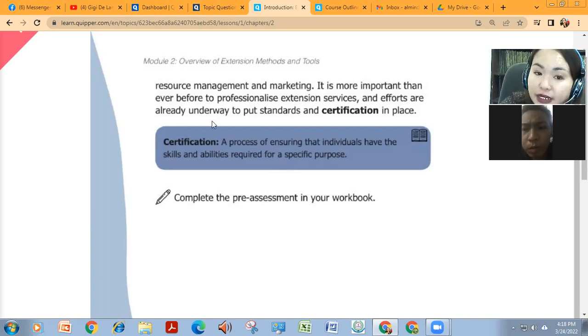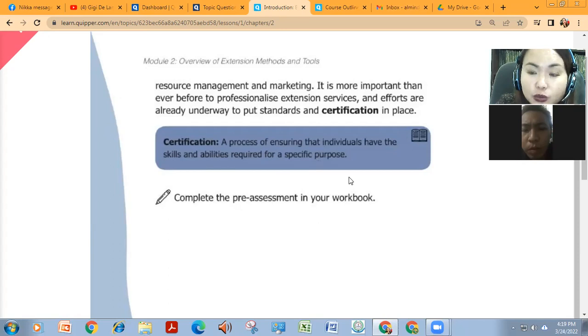So it is more important than ever before to professionalize extension services, and efforts are already underway to put standards and certification in place, for example, degrees. When you speak of certification, it is the process of ensuring that individuals have the skills and abilities required for a specific purpose.